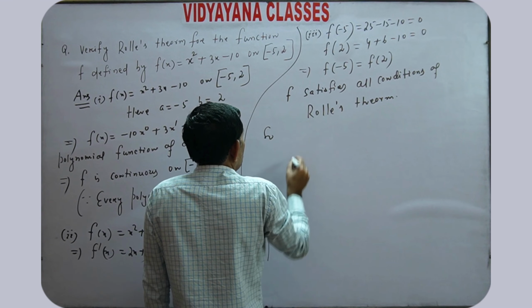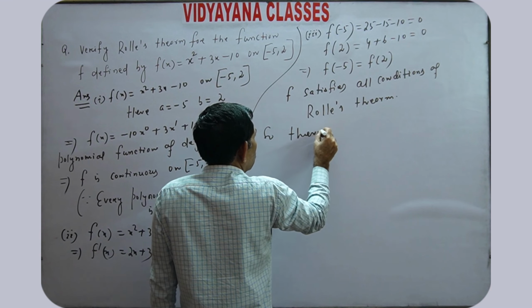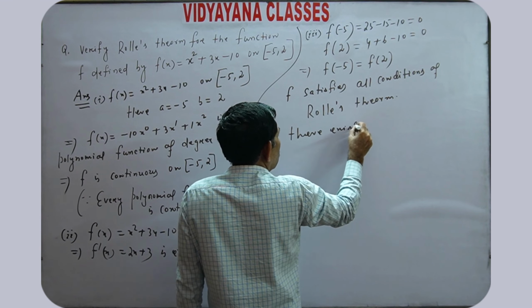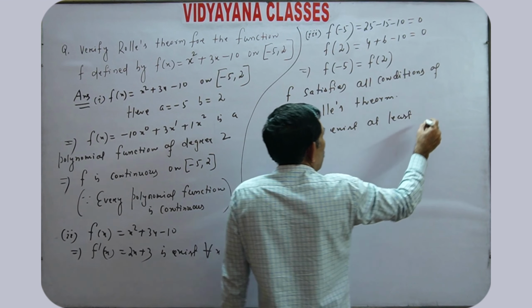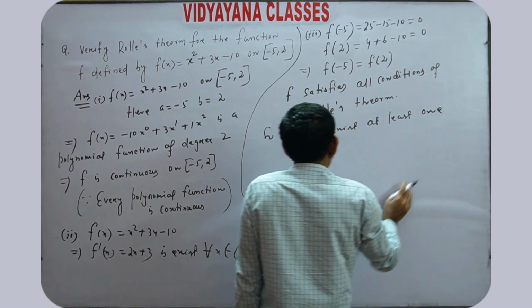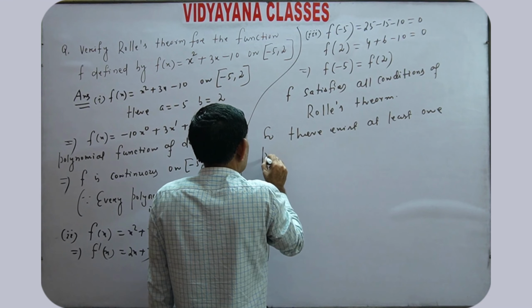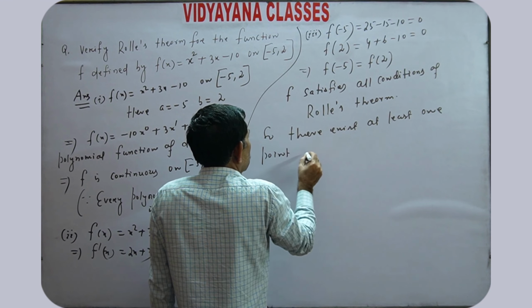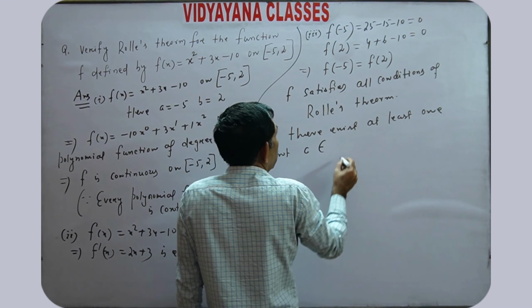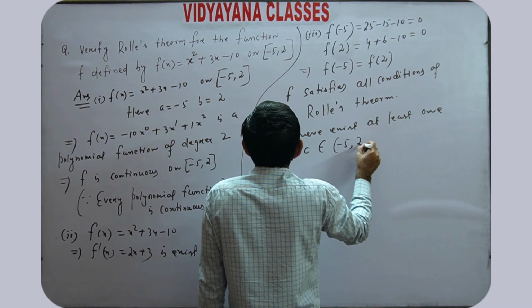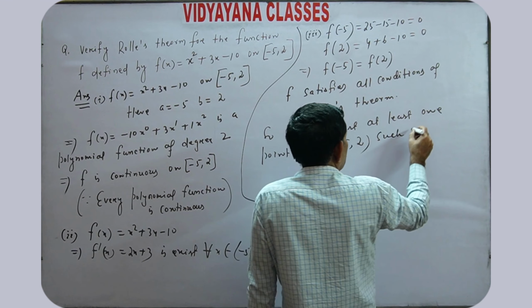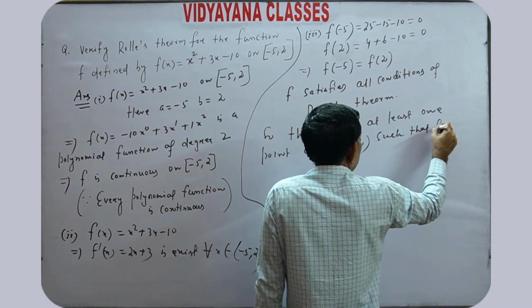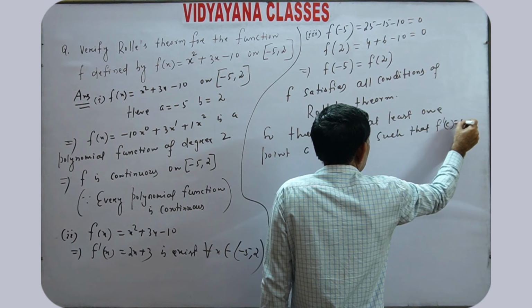So there exists at least one point c belongs to the open interval minus 5 to 2 such that f dash c is equal to 0.